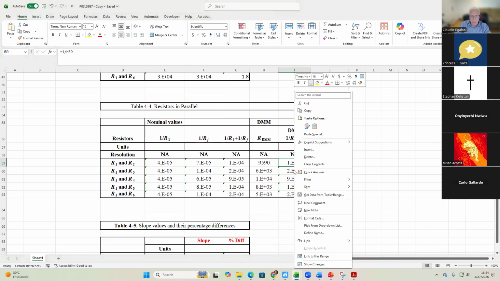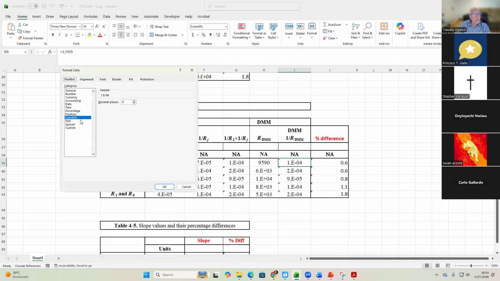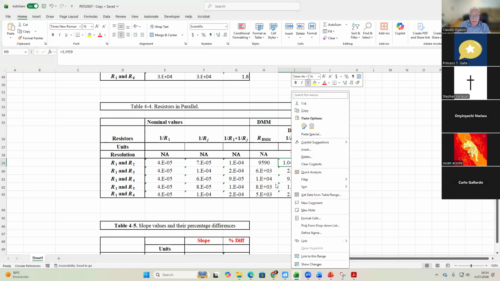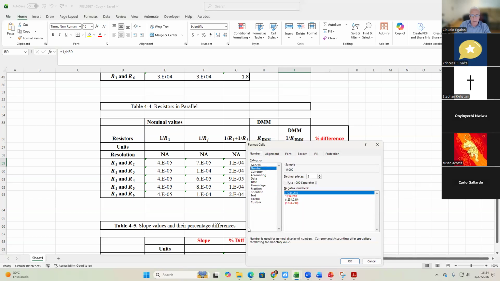One way to do that: format cell. If you want to keep it scientific, you have to add three decimal places. Now you have four significant figures. That's one way. Another way to display it is to put it in numeric format, and then you have to play with it.